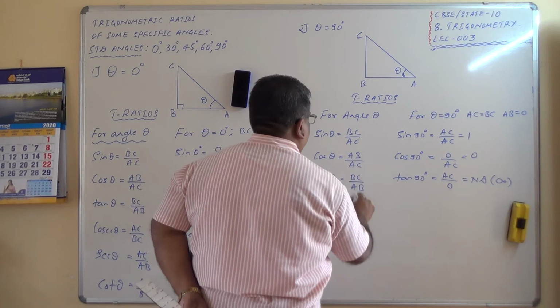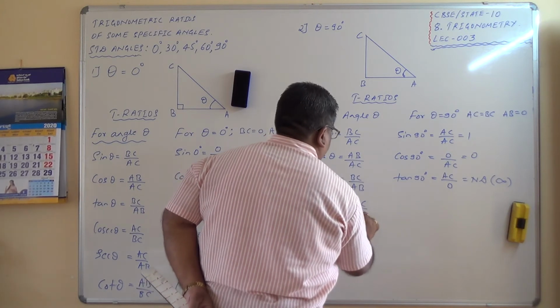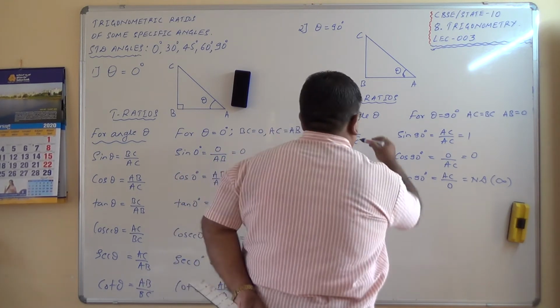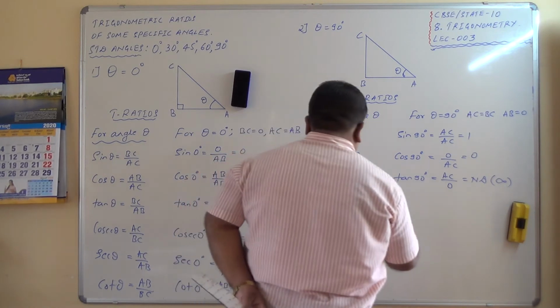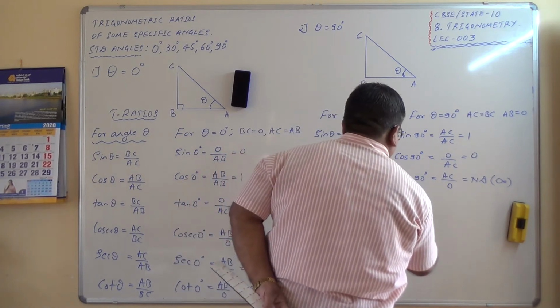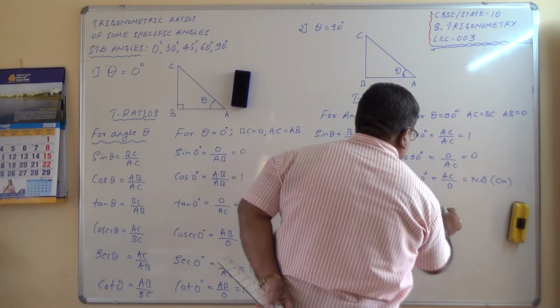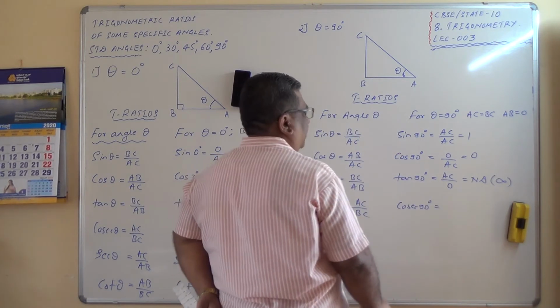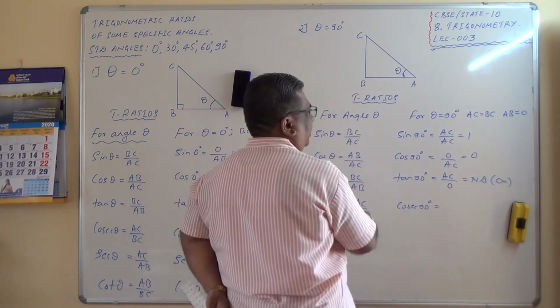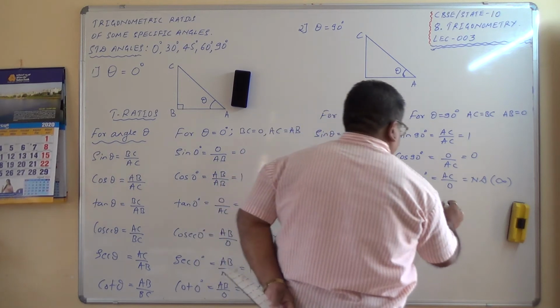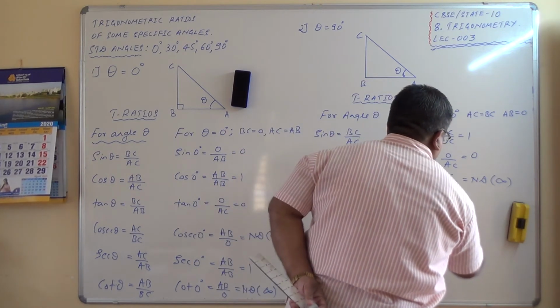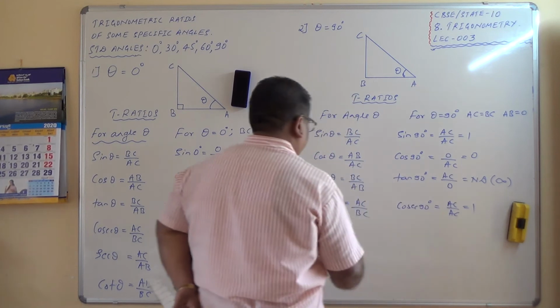Cosec theta is AC by BC, there is a reciprocal of this one, and cosecant 90 degrees is equal to AC and AC both are same, AC by AC, which is 1.